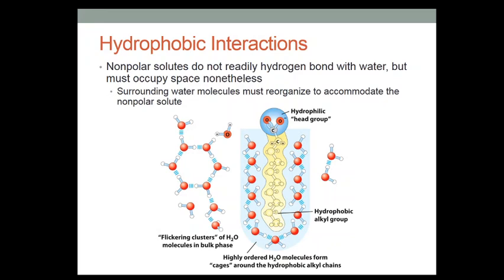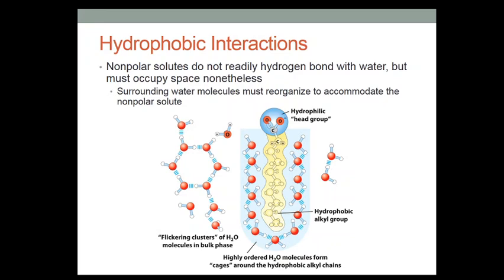Now, it should be noted that any solute, all molecules or ions that you introduce into solution, actually do interfere with the hydrogen bonding of some water molecules. You saw this last time when we talked about ions going into solution. You form a hydration shell, and that hydration shell formation interferes with the hydrogen bonding of water in aqueous solution.